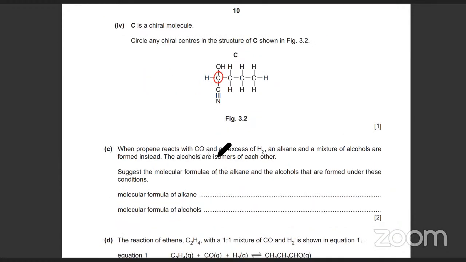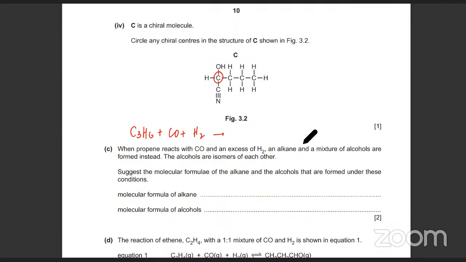The molecular formula of alkane. What is it? When propene reacts with CO and an excess of H2, an alkane and a mixture of alcohols are formed instead. The alcohols are isomers of each other. Suggest the molecular formula of the alkane and the alcohols that are formed under these conditions. So propene, I have to make an equation. Propene reacts with CO and an excess of H2.